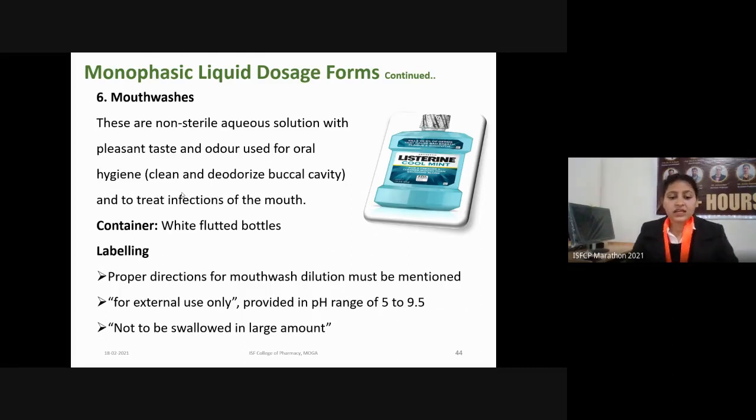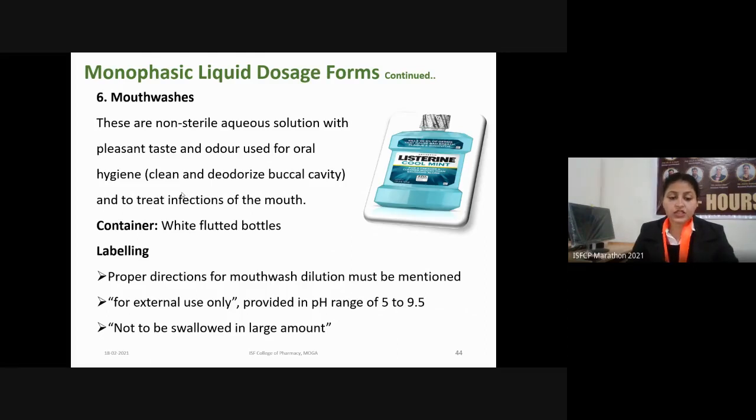Container must be white fluted bottles. The labels of the mouthwash should contain proper directions for mouthwash dilution. How we have to dilute these mouthwashes before using them should be mentioned on those labels.